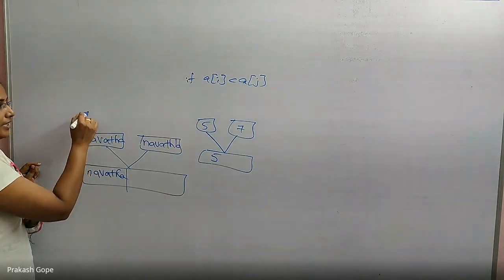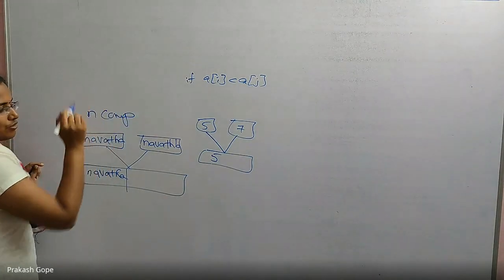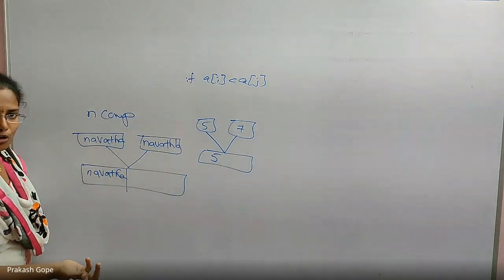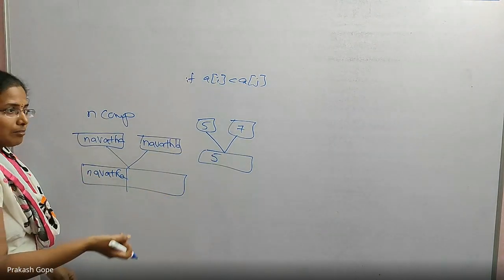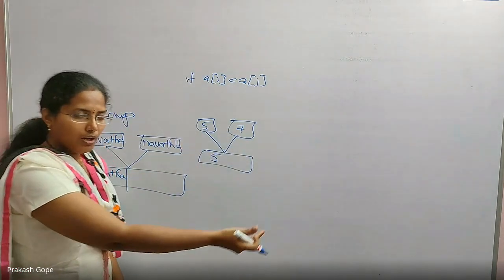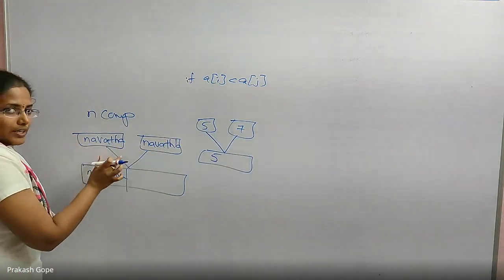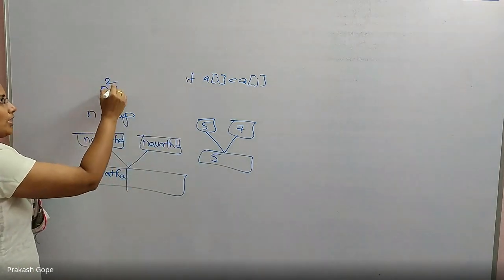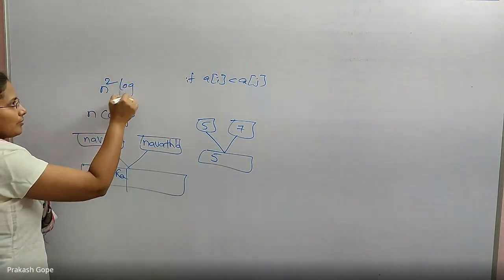It needs n comparisons. So, n into n log n, because n log n is anyway the time complexity that you cannot avoid. But there with 1, 1 is enough. That's why it is 1 into n log n. Here, deciding which is smaller needs n comparisons. That's why it is n into n log n, that is n square log n.